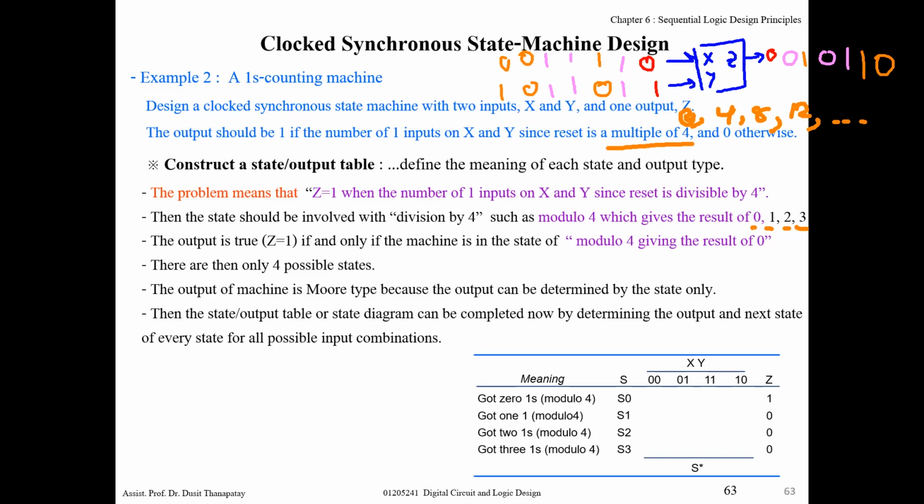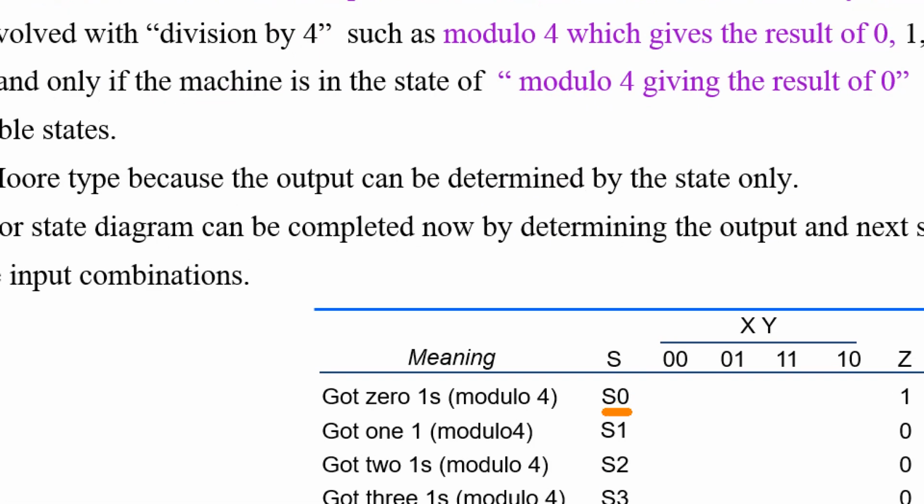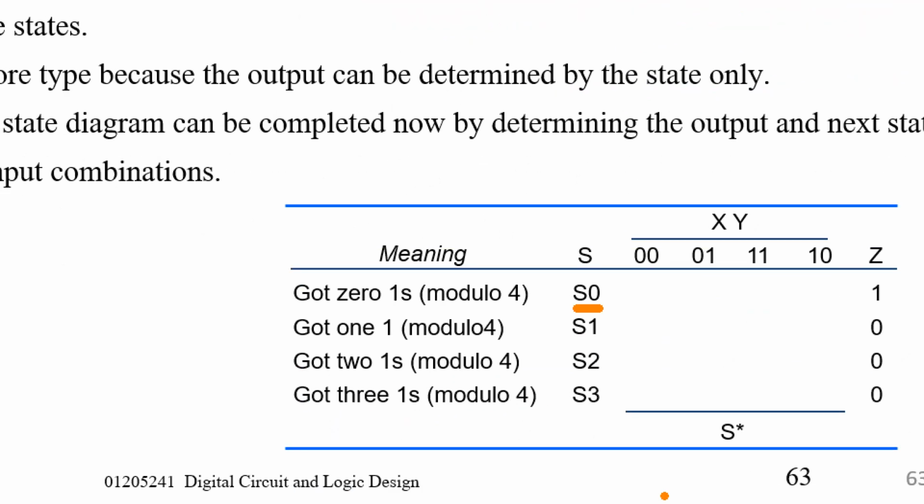State S0 is when you do modulo 4 and get 0, namely it's a multiple of 4, so the output for this state is 1. When the remainder is 1 when divided by 4, it's S1, and the output is 0.